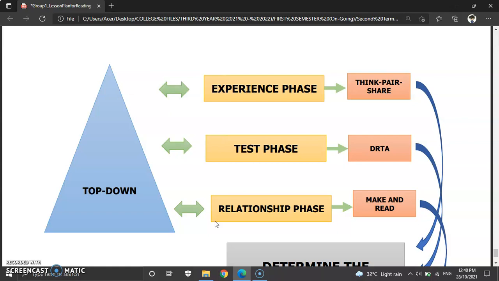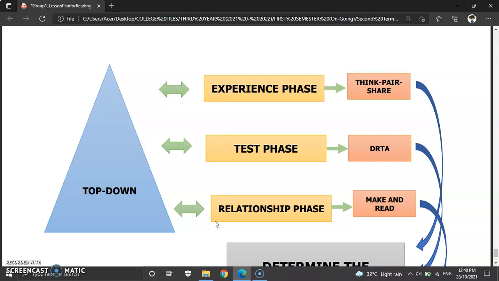The top-down approach is appropriate for the learning competency because it activates the prior knowledge and experiences of the students, and then they will derive meaning out of it. They will extract information from it, and in this case, they are to determine the author's purpose.